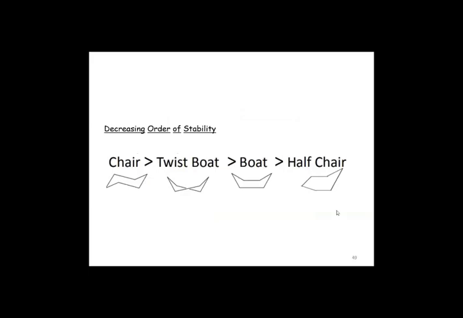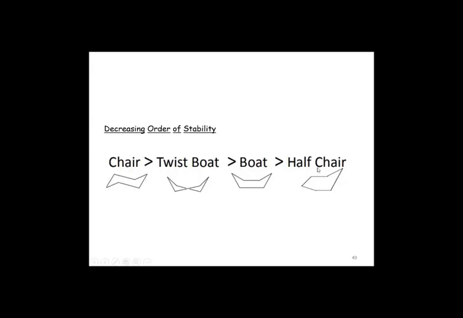Now, if we compare the stability of all these four conformations, we can come to the conclusion that the stability of chair conformation is maximum, whereas the stability of half chair conformation is minimum. If we compare these two, twist boat has higher stability as compared to boat conformation. When we compare all four, the chair conformation has the highest stability.